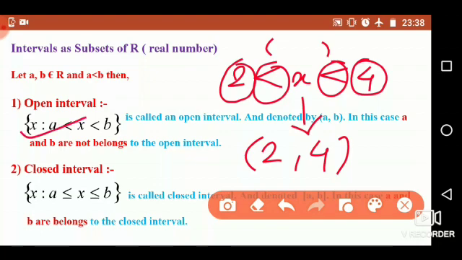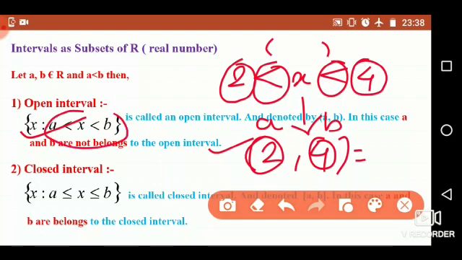This type of form is called the set builder form, and the same representation we can write as the bracket (A, B), called the roster form. Infinitely many numbers lie between 2 and 4. Excluding 2 and 4, all the members of the set belong to the given set. Therefore, such an interval is an open interval.